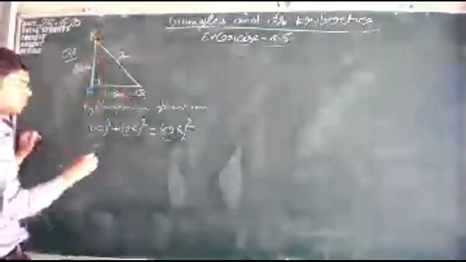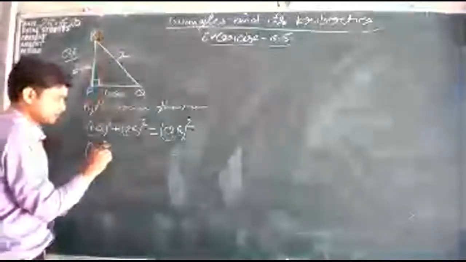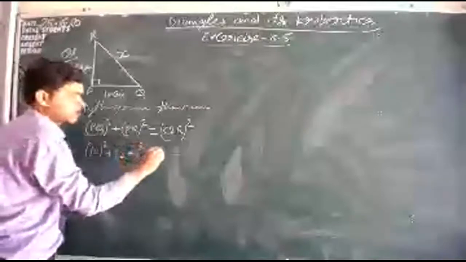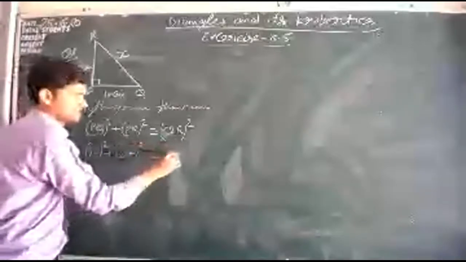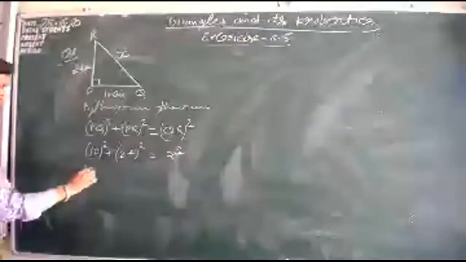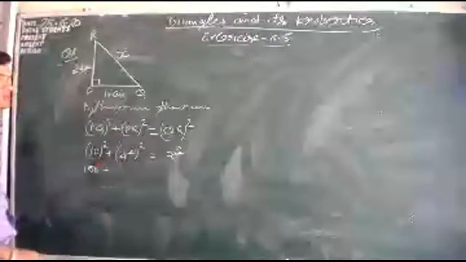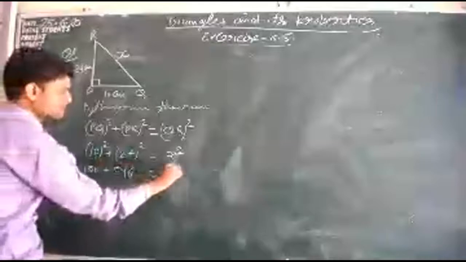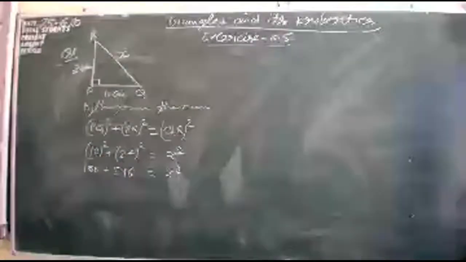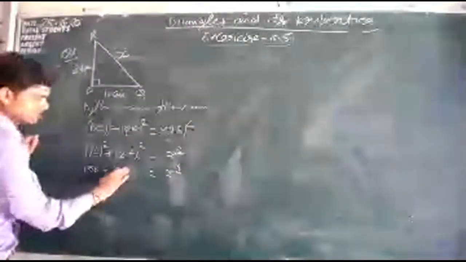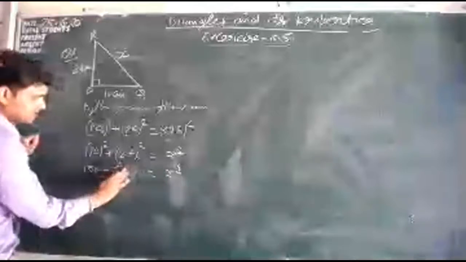Okay, तो PQ square is equal to 10 square. PR square is equal to 24 square. And QR is x square. Okay, 10 square is equal to 100 and 24 square, कितना होता है देख लीजिए आप.